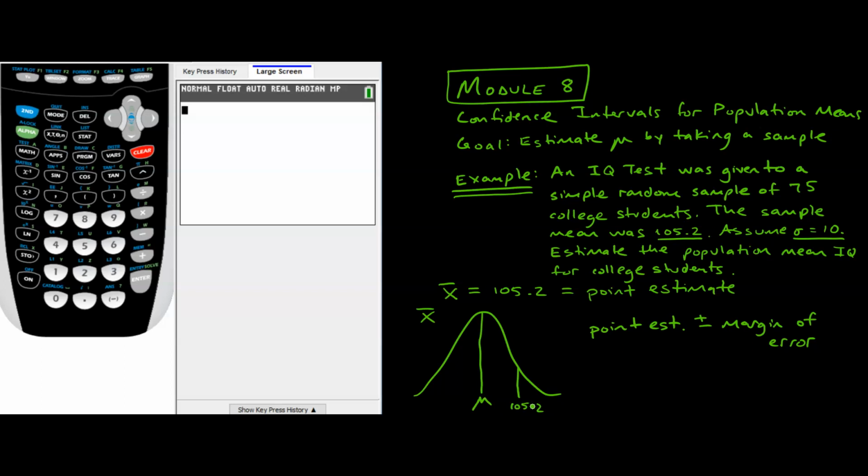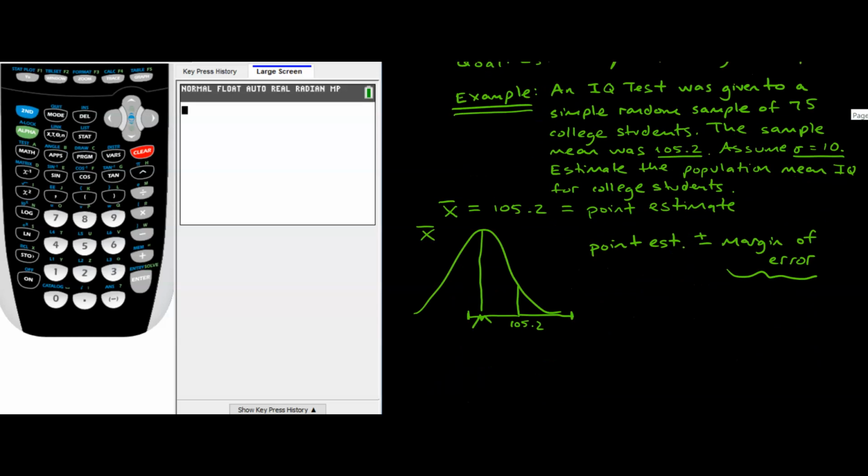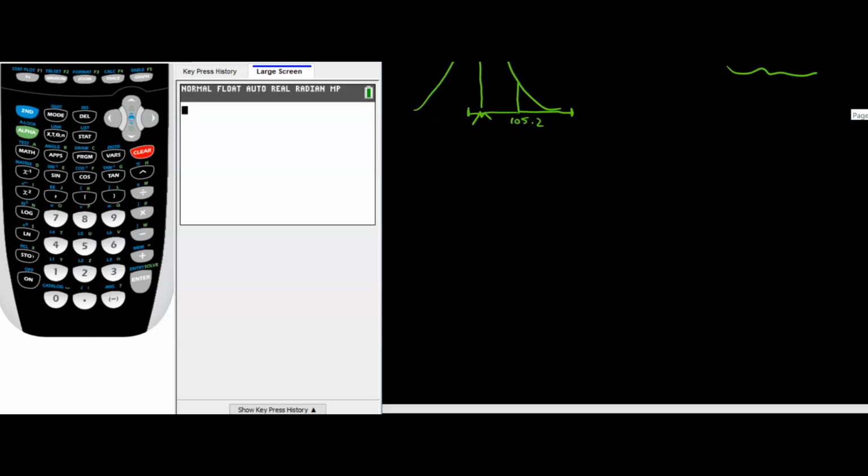But had it been right here and I created a margin of error on both sides of that point estimate, you could see that I would have created an interval going from this value to this value, and even though it's a fairly wide interval, it looks like that interval would have included the true population mean. And so we're going to talk a little bit about how do we determine the length of that margin of error, and a lot of it actually goes back to what you've seen before with the empirical rule.